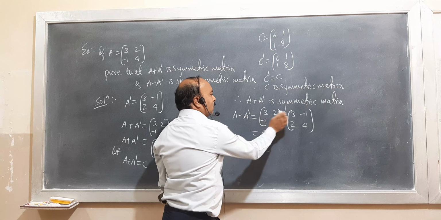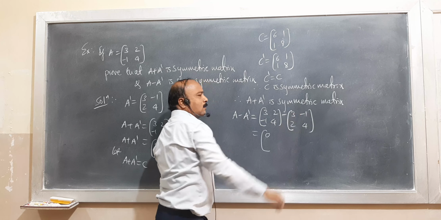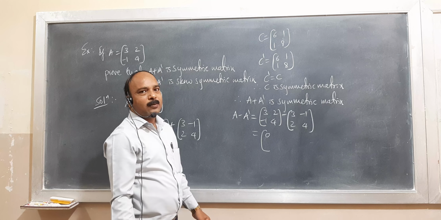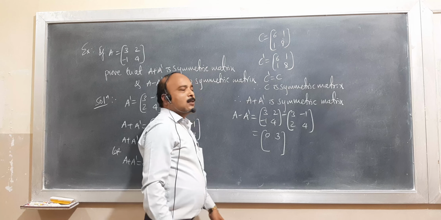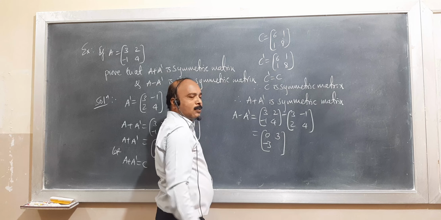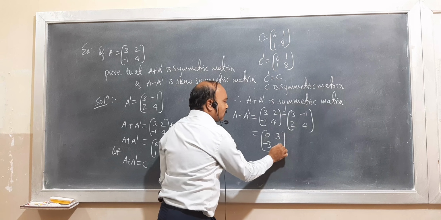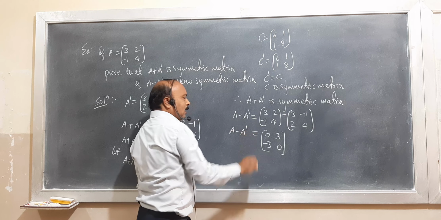This is equal to 3 minus 3 is 0. 2 minus of minus 1, that is 2 plus 1, 2 plus 1 is 3. Next, minus 1 minus 2, that is minus 3. 4 minus 4 is 0. Now it is the value of A minus A dash.